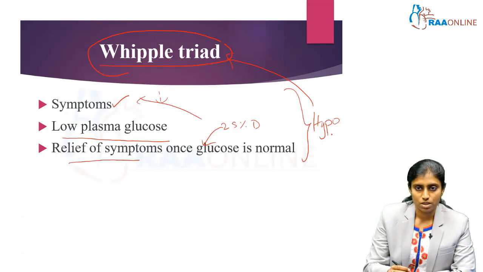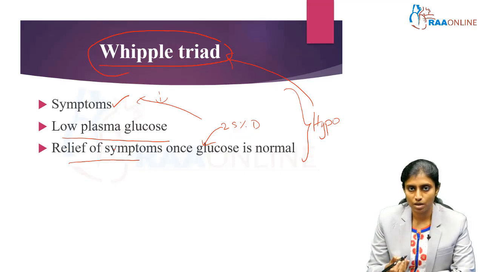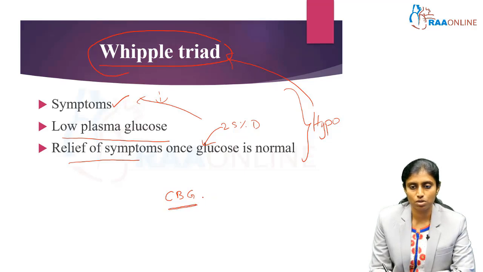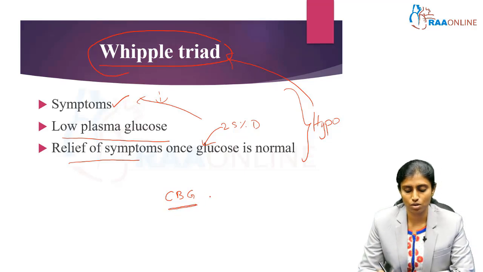One more thing to see in Whipple's triad: I told you low plasma glucose, and that we have to take a blood sample and send it. There is a rapid assessment technique known as capillary blood glucose, where we do a finger prick, take the patient's capillary blood on a strip, and get a rapid value. This capillary blood glucose can give false values when the sugar is too low or too high.